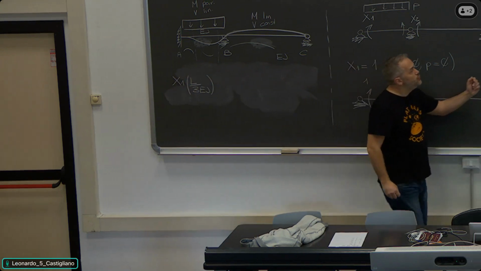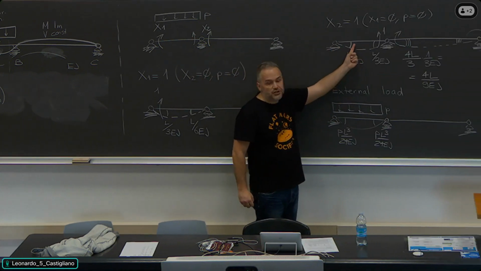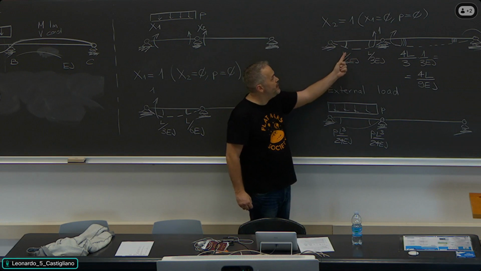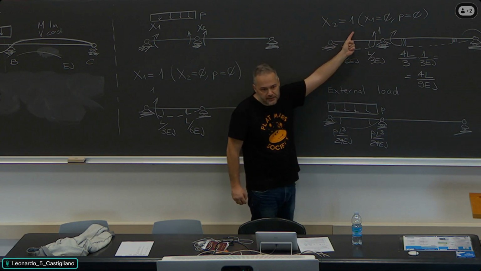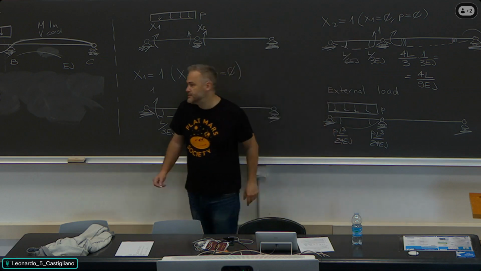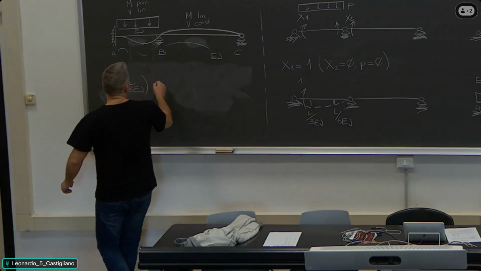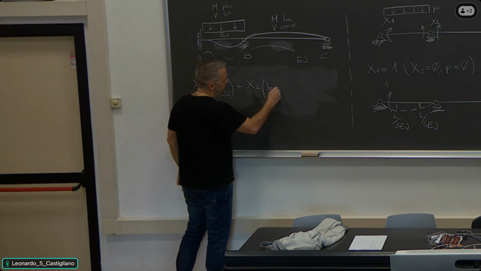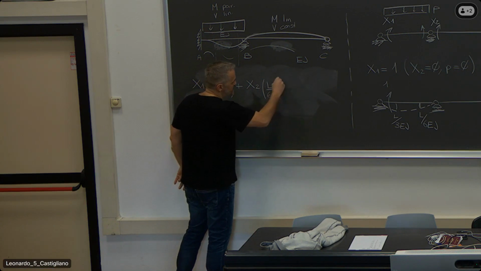When x2 acts on the structure, the rotation at point A is clockwise. It's equal to L over 6EJ when x2 is equal to 1, meaning that in reality, the clockwise rotation at point B is equal to x2 times L over 6EJ. So since they are both clockwise, there is a plus here, L divided by 6EJ.